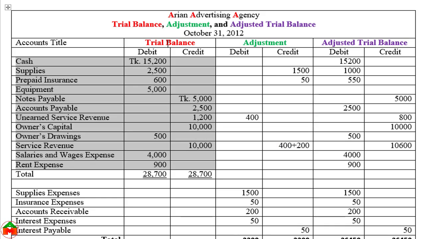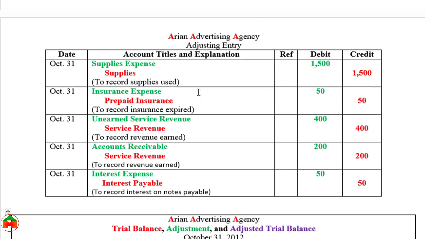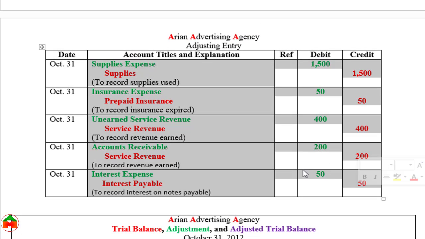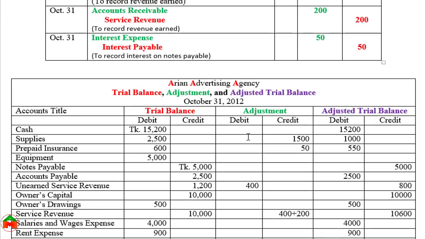This is the basic trial balance given in the question, and we will fill up these adjustment columns. Here there are two columns, a debit column and a credit column, for adjustments from the adjusting journal entries. Let's fill up this adjustment column.